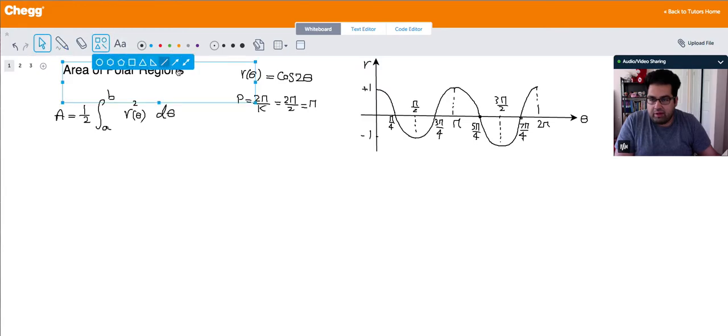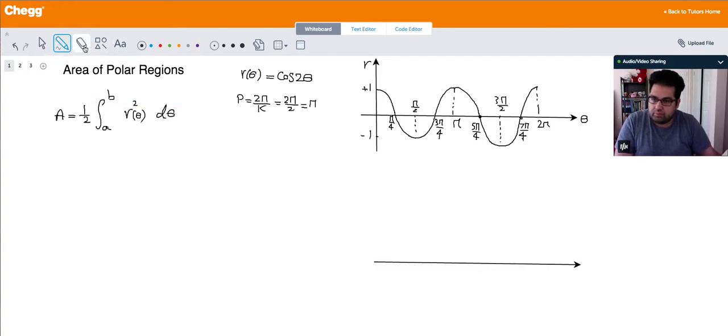Now I'm going to graph the polar version of this. As you see, when theta equals 0, I have the radius at 1. So at 0 degrees, I start at 1. And as I go to pi over 4, the radius goes to 0.